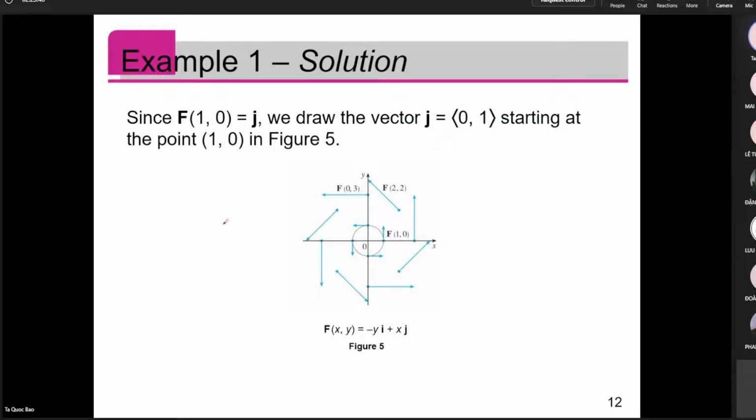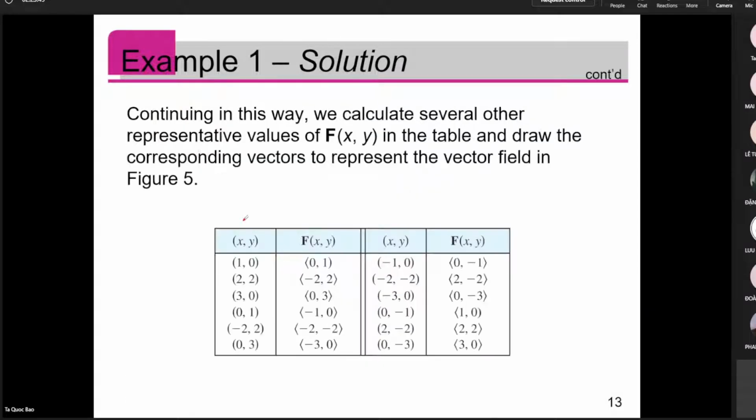Let's see. Now we choose a point (x, y). For example, we test the point (1, 0).